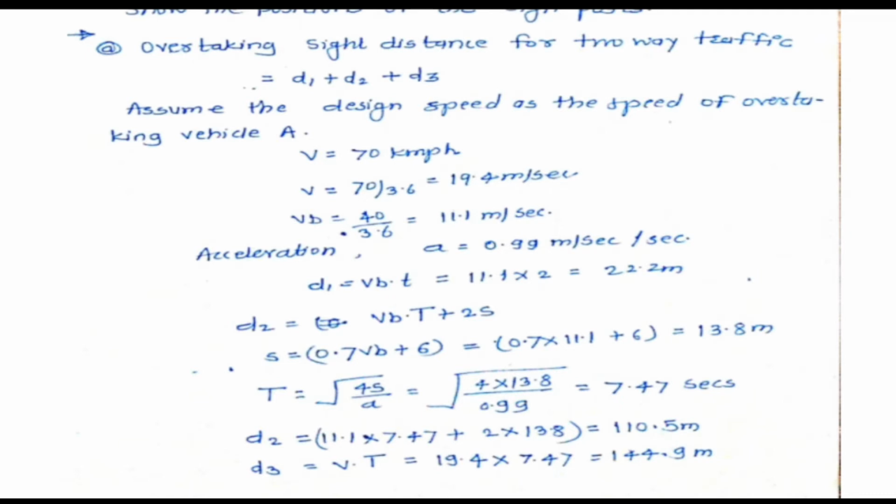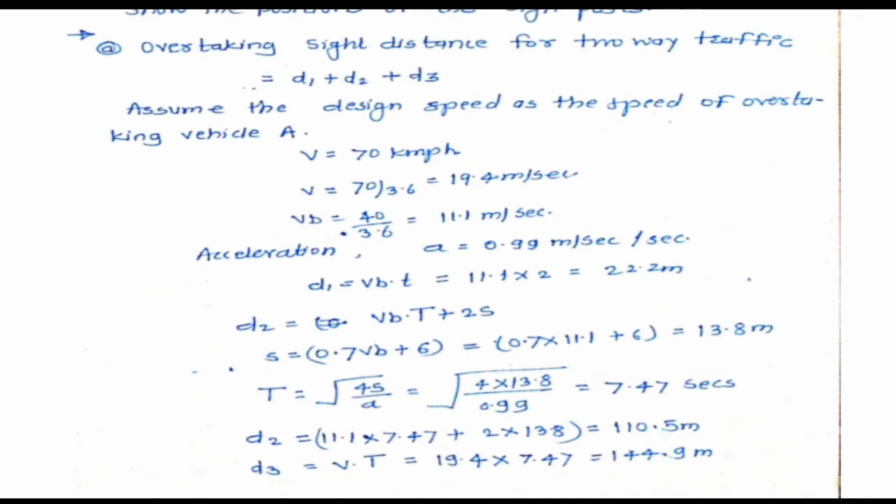So acceleration a equals 0.99 meters per second square. D1 can be calculated by using the formula VB into t, that equals 11.1 multiplied by 2, that equals 22.2 meters, and d2 equals VB into t plus 2s.